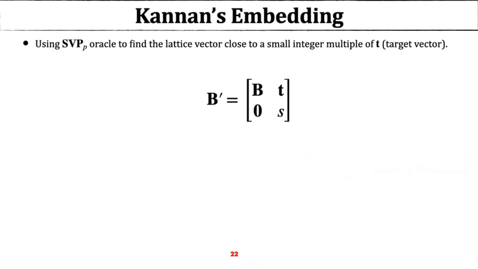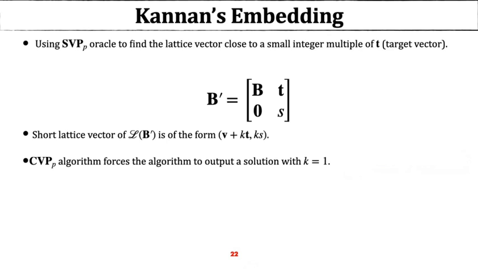Let's assume B prime is the new basis of lattice L prime, where B is the original basis of lattice L, t is the target vector, and s is some constant which we will choose. If we look at the shortest vector of the lattice L prime, its first m coordinates are of the form v plus k times the target vector t, and the last coordinate is k times s for some constant k.